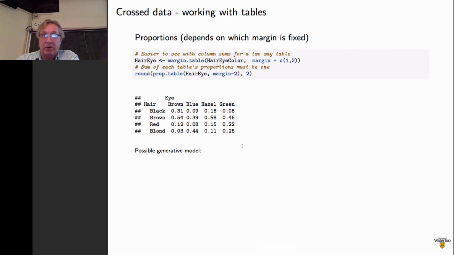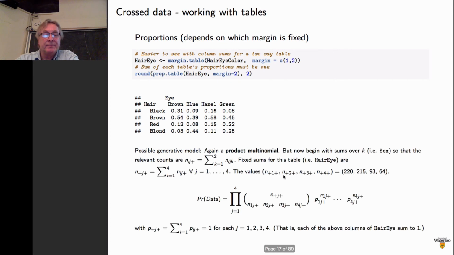So it'll be a multinomial for each column. So that's again going to be a product multinomial. So we've got another product multinomial. There are 4 of them this time. And you just think about what is fixed. So now you've got a table. If I fix certain margins, it suggests a probability model associated with that. And we might be interested in tests about those various proportions. Okay? Does that make sense?